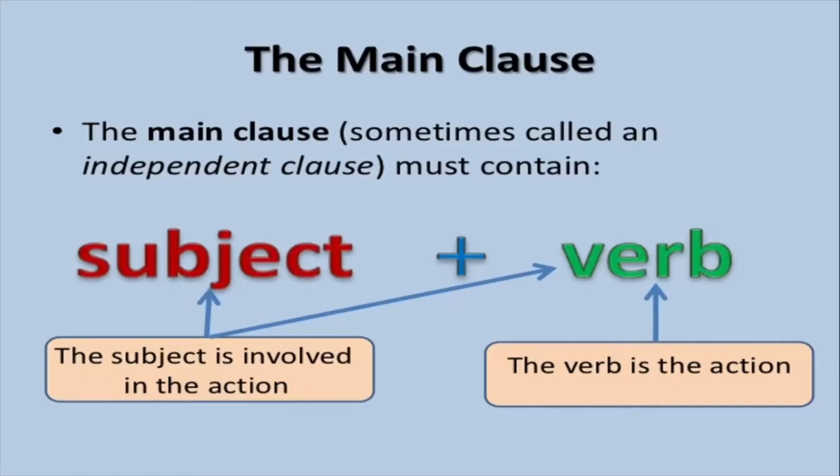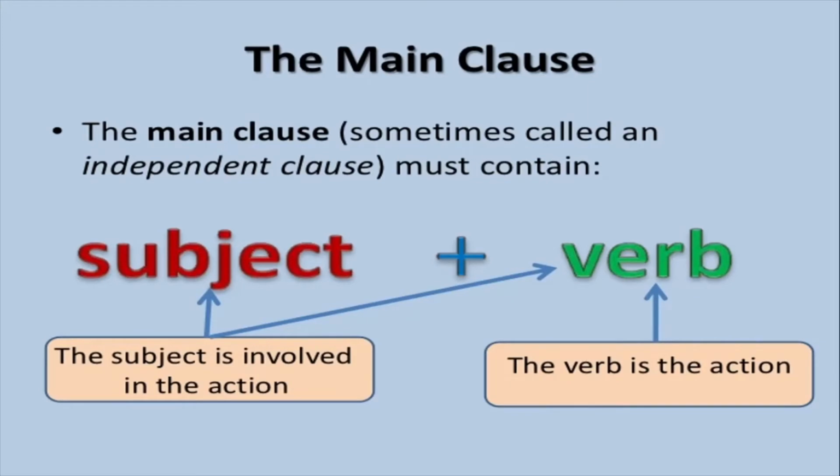Let us now look at one more way to look at the meaning of a main clause. The main clause is also called an independent clause. So see, a main clause should contain a subject and a verb. Alright. So if the clause has to be called a main clause, it should have a subject, it should have a verb.